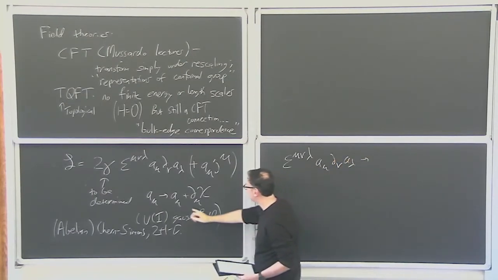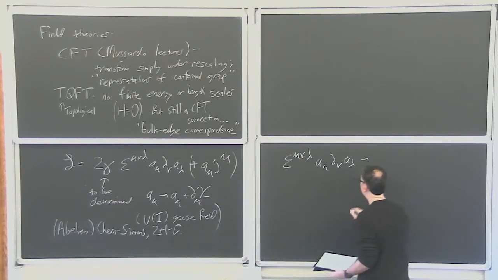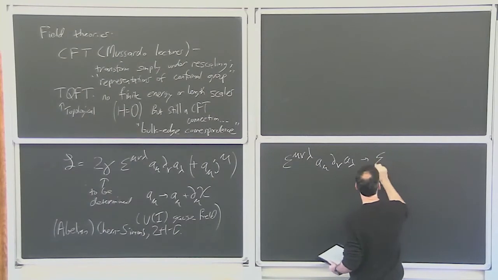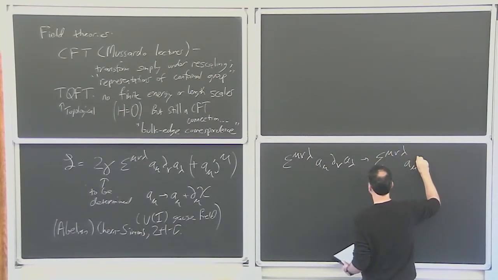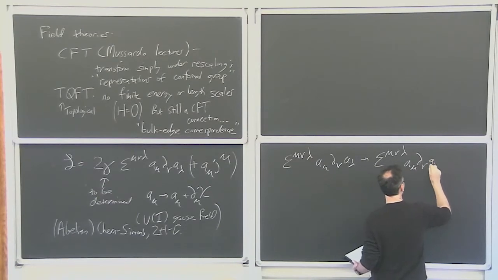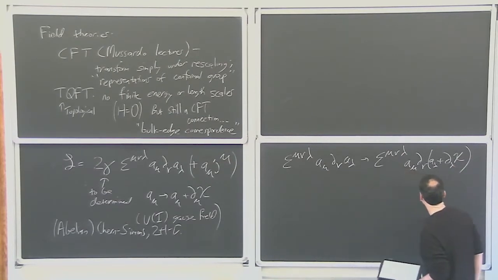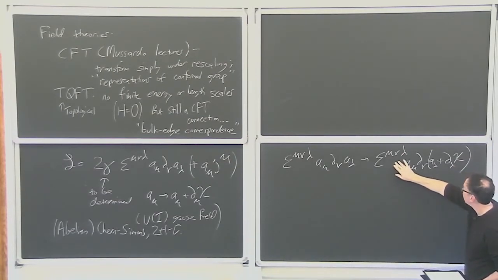Let's just plug that in. So we're going to have one term where the gauge change happened in the second field, and that term is easy. And that's going to give me 0 because this epsilon is antisymmetric under any change of indices.